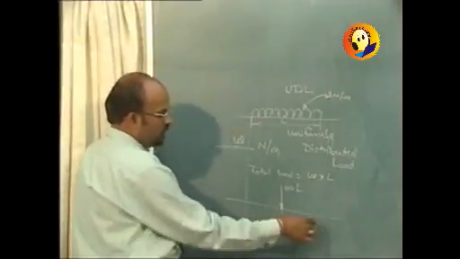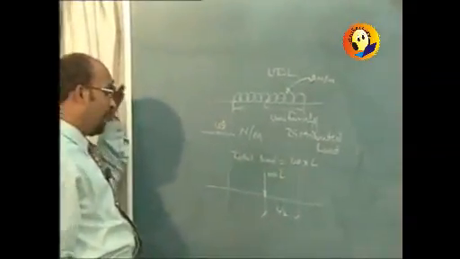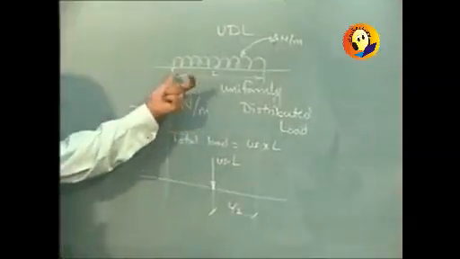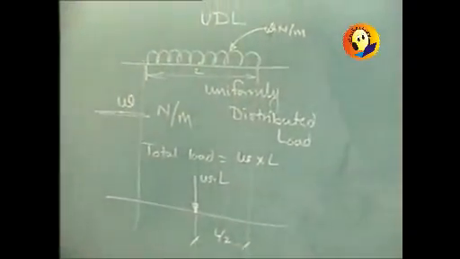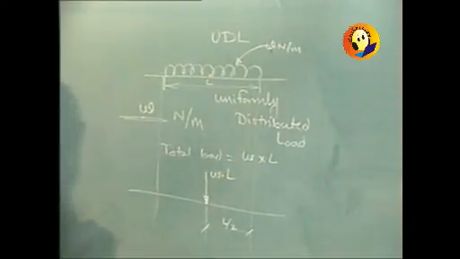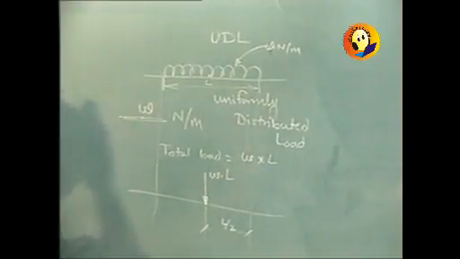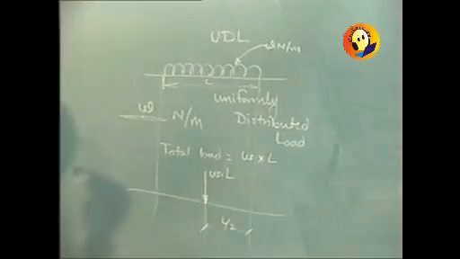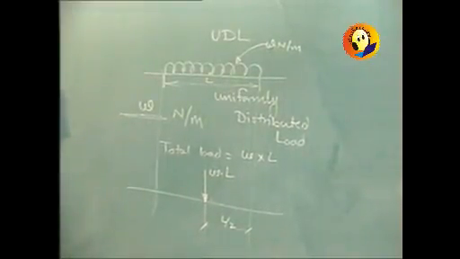So it will act at a distance of L by 2, where L is the distance along which that uniformly distributed load was placed. So you are required to find out the midpoint and place the load over there. And so the problem will be converted to the problem of point loads and solved as usual.